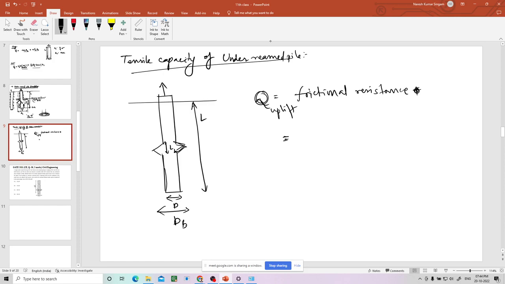So I'll write alpha into SU bar into A, the surface area. So how do you get the surface area? SU bar into pi D into, can you tell me? Pi D into L minus LB.